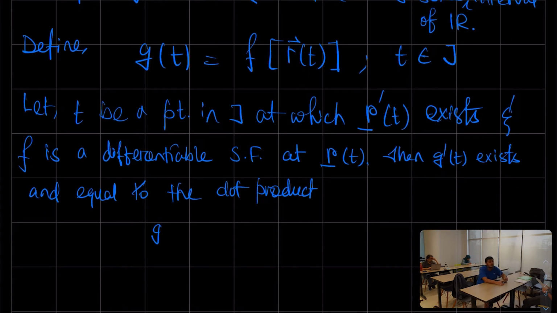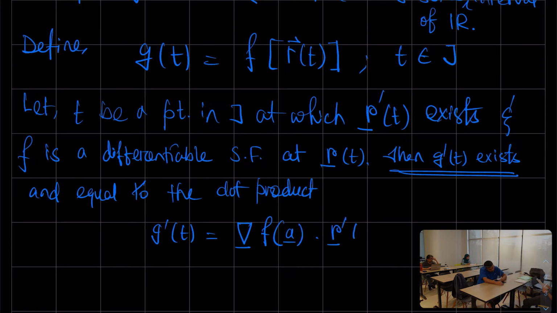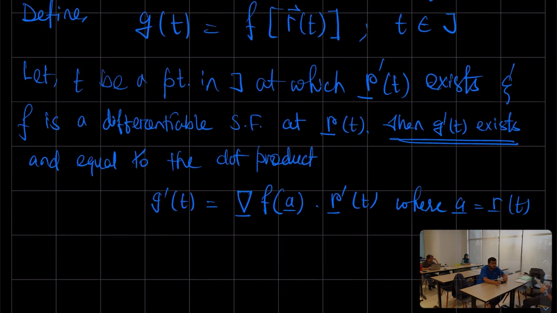The dot product is this one. G prime t exists, and the expression is this. That's the statement. Let's prove it.